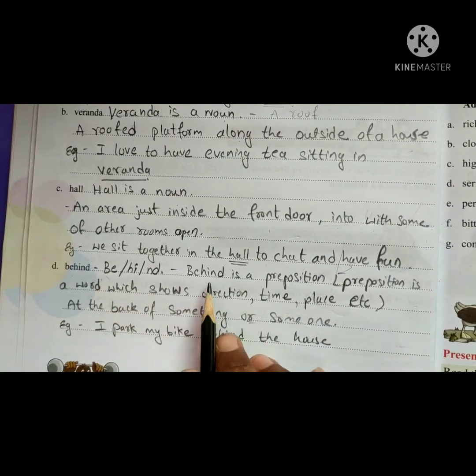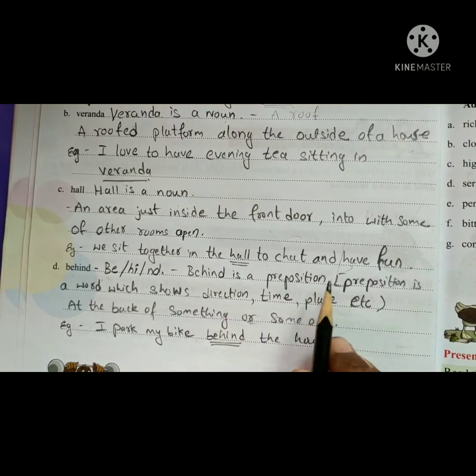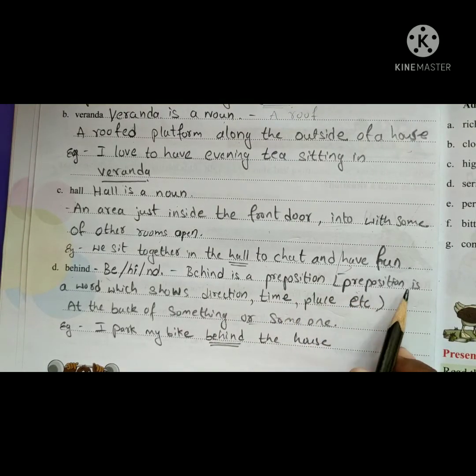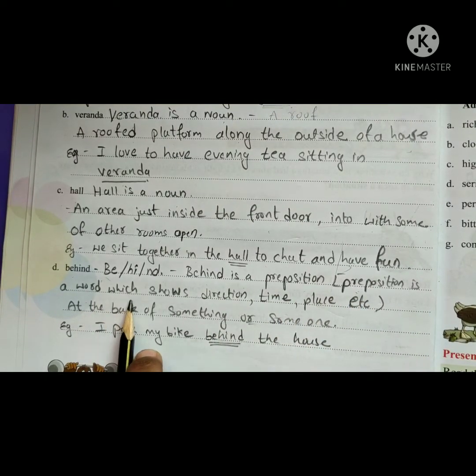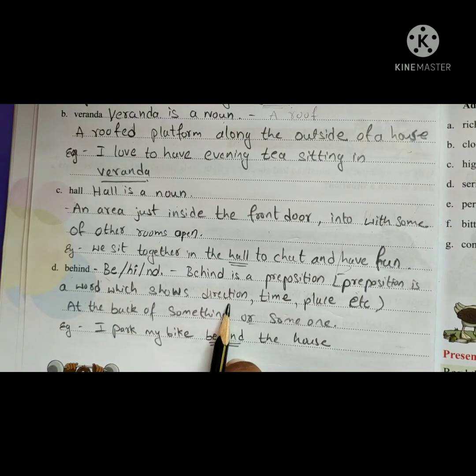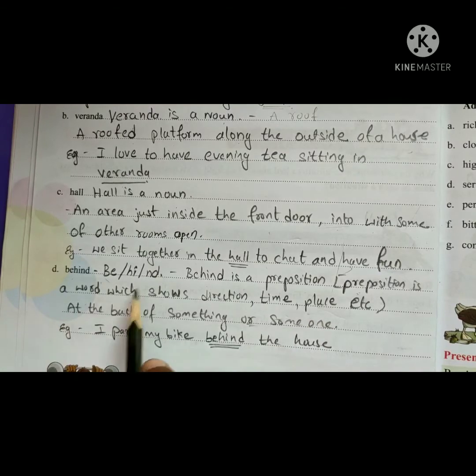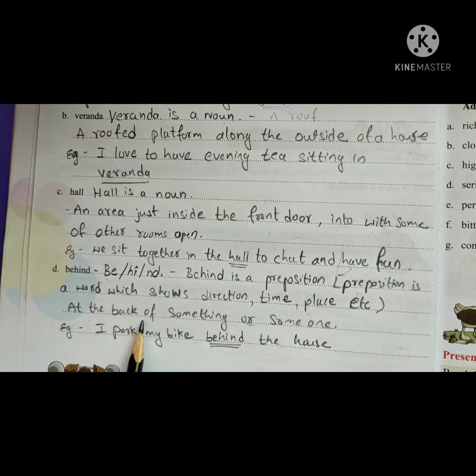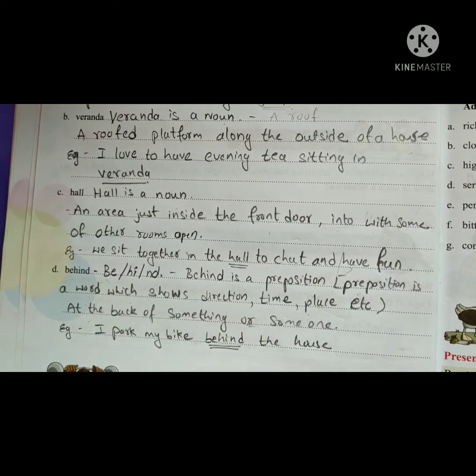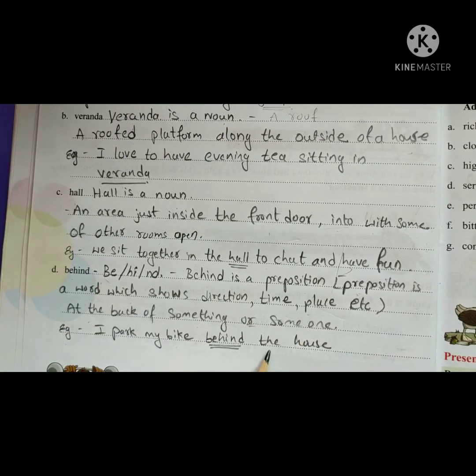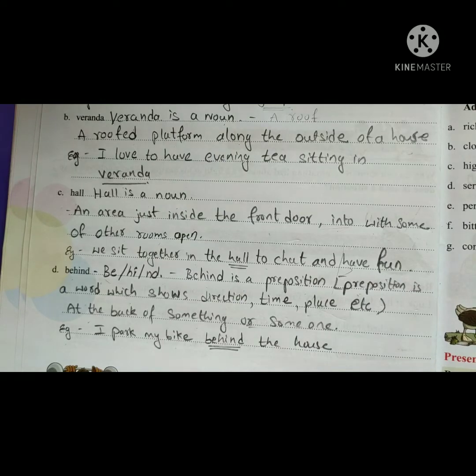Behind is a preposition. Now what is preposition? Preposition is a word which shows direction, time, place, etc. Behind means at the back of something or someone. Example, I park my bike behind the house.